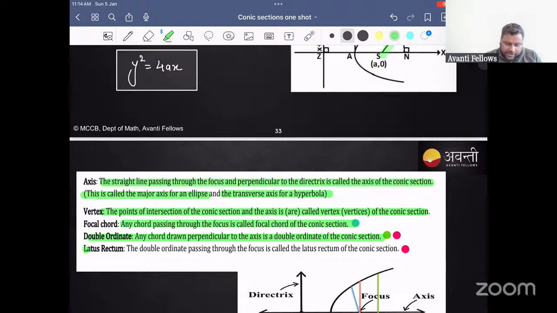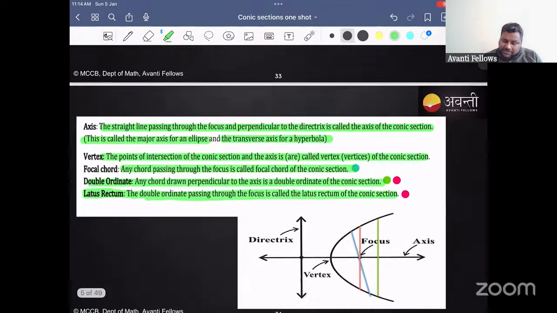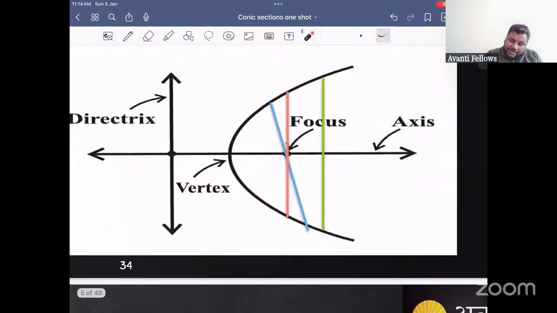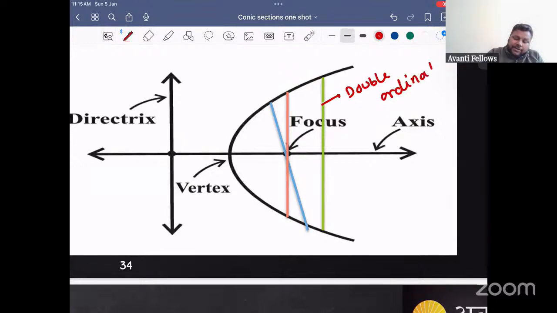And now a very important term, latus rectum. A double ordinate which passes through the focus is called the latus rectum. Now see here from this one diagram, any chord which is passing through the focus is what we call a focal chord. Any chord which is perpendicular to the axis is what we call a double ordinate.